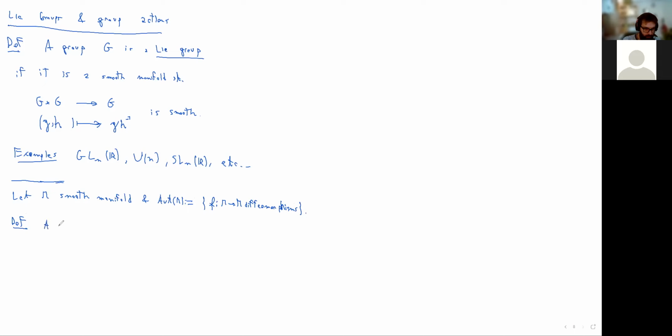And we say that the group G acts on M via phi, from G to Aut(M), so G acts on M, if phi is a group homomorphism.